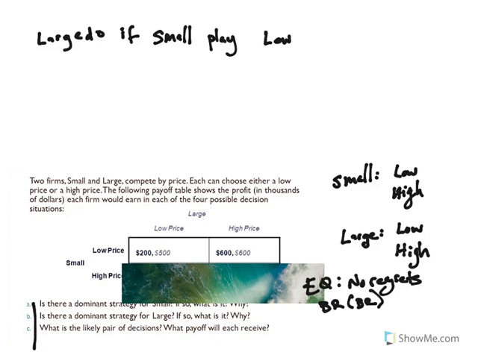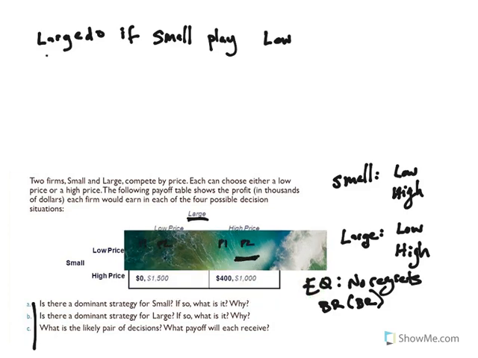And remember, it's just a good idea to go ahead and write these down here so we don't forget what they were. Player 1's payoff, player 2's payoff, player 1's payoff, player 2's payoff. Okay, so player 2 is always the one on top. So player 2 is thinking, well, I have the choice of $500,000 in profit or $600,000. $600,000 sounds better.